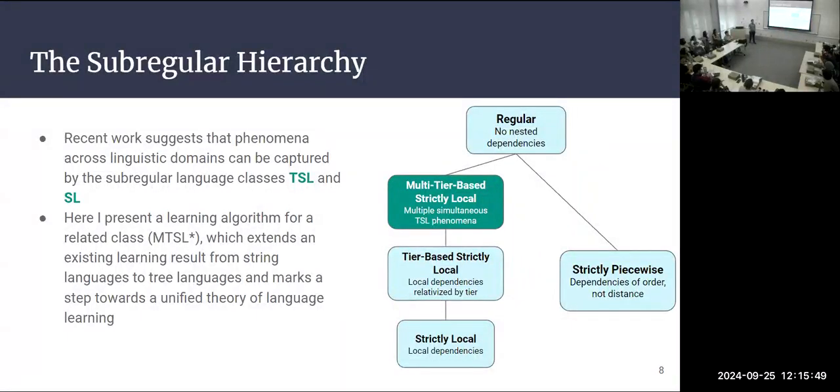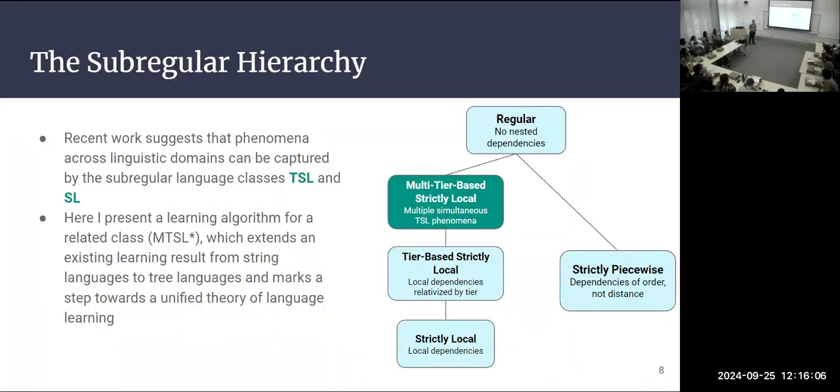These classes are really useful for talking about phenomena across linguistic domains. Here I'm going to be talking about a learning algorithm for a related class called MTSL, which is basically what you get if you have a bunch of TSL things going on at once.